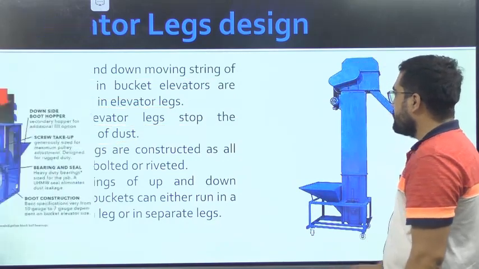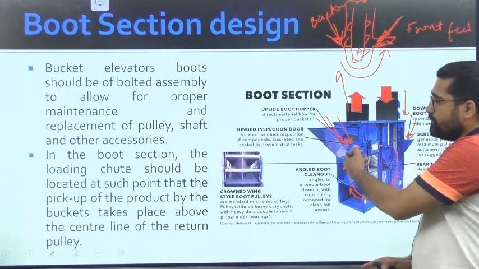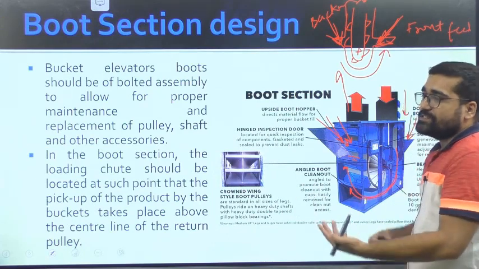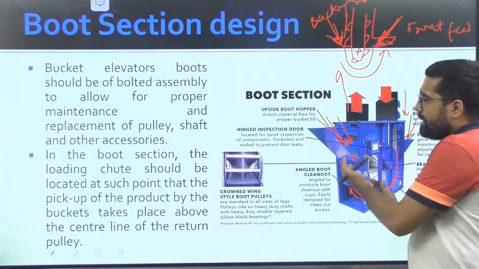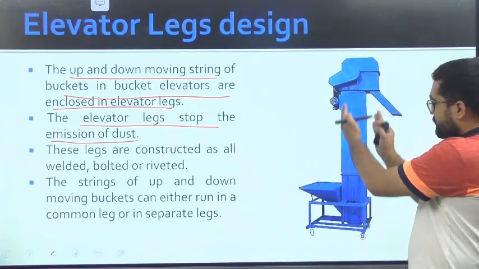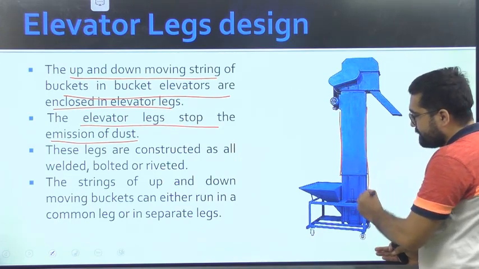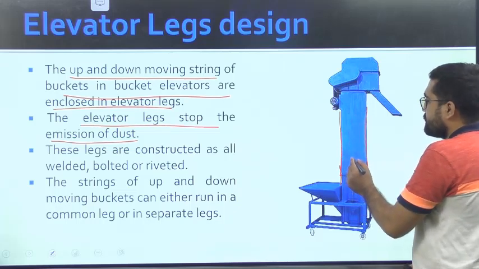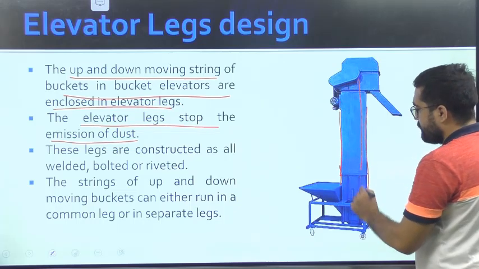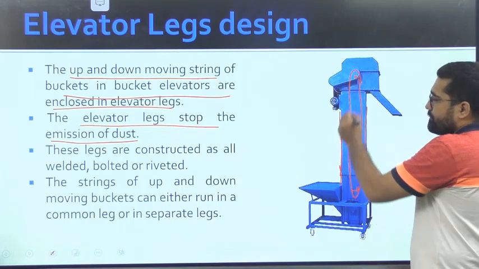If we keep the bucket elevator open like this, there are chances of contamination of our food product, correct? For that we have to provide a cover to the buckets. So this is the bucket leg, inside which the buckets will be flowing. The belt will be there, and inside it the buckets will be moving.